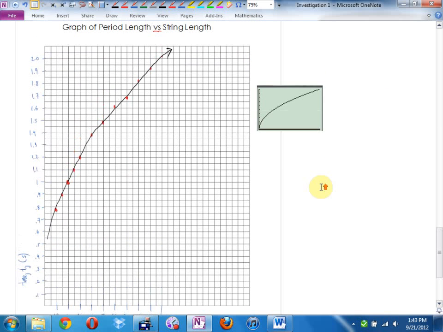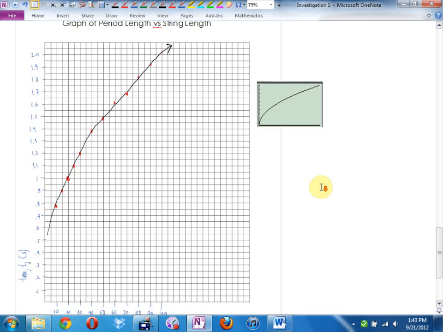I'll see if I can get the whole graph on there. Pretty close. So on the Pendulum Lab, ideally, your graph should look kind of like this.